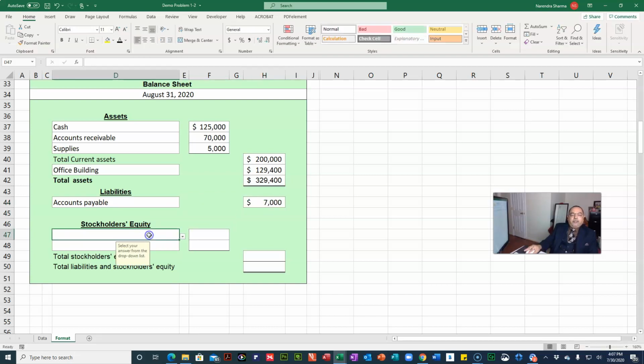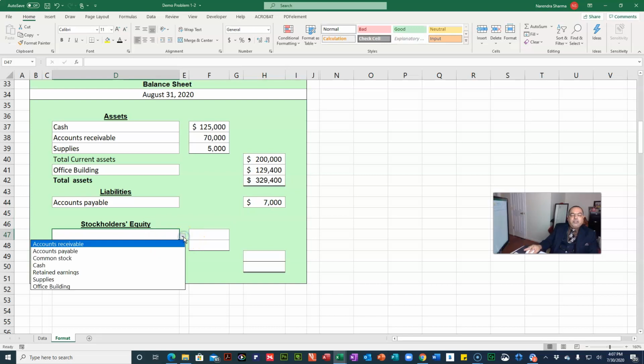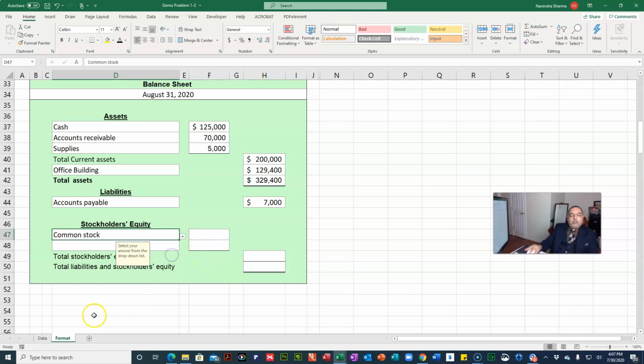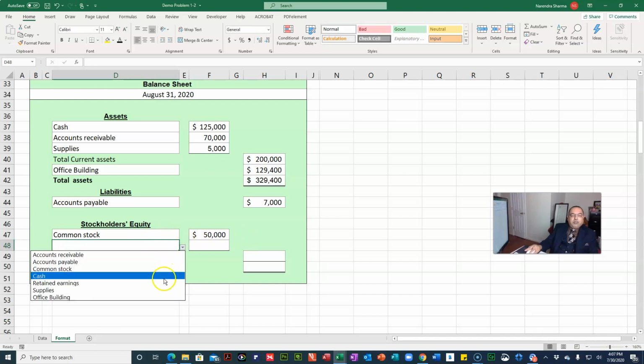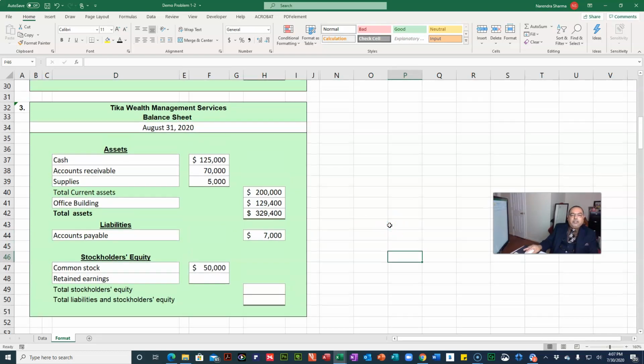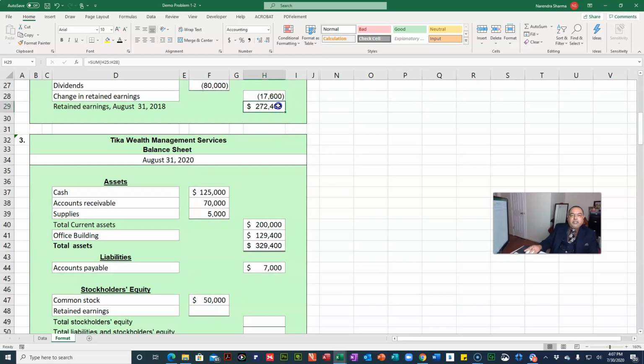Now then we have stockholders' equity. So in stockholders' equity, we have a common stock. So that was given to you as 50,000. And then the retained earnings, of course, remember, we are going to bring this down from here. That is something that you have to really pay attention to. So we bring that closing retained earnings down here, add these two.